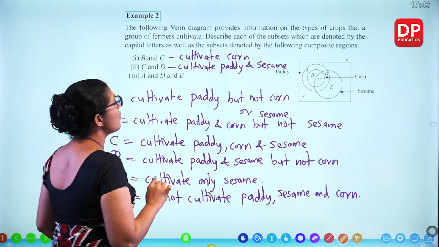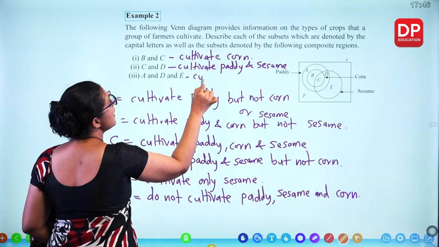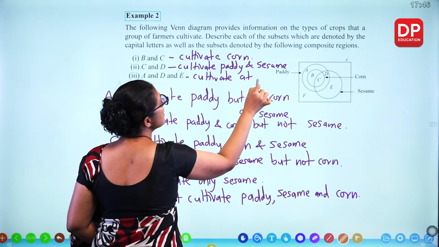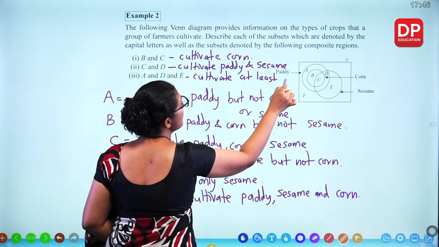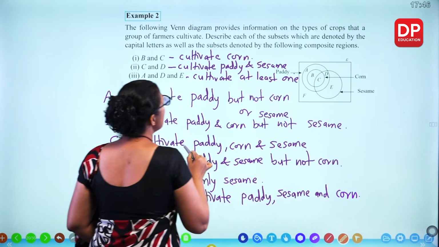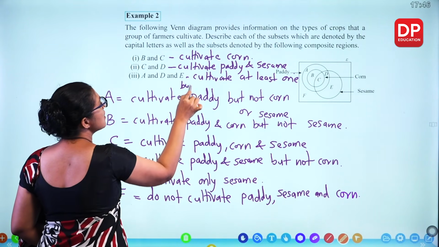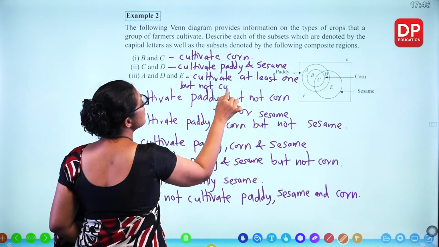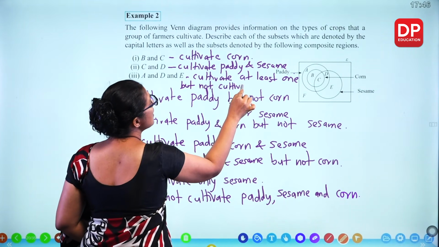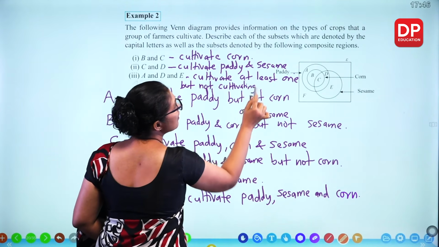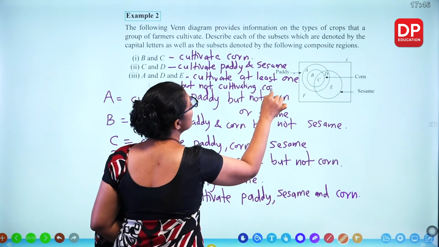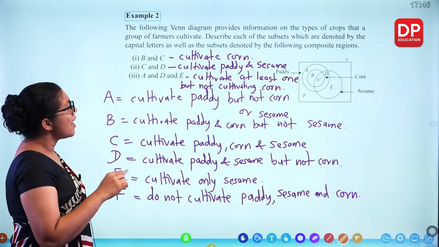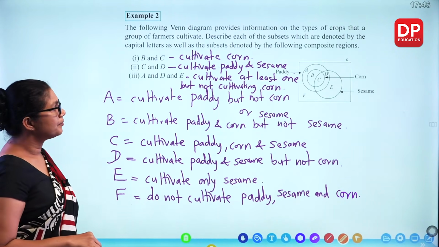Cultivate at least one, but not cultivating corn, except corn. So that's how we identify the regions.